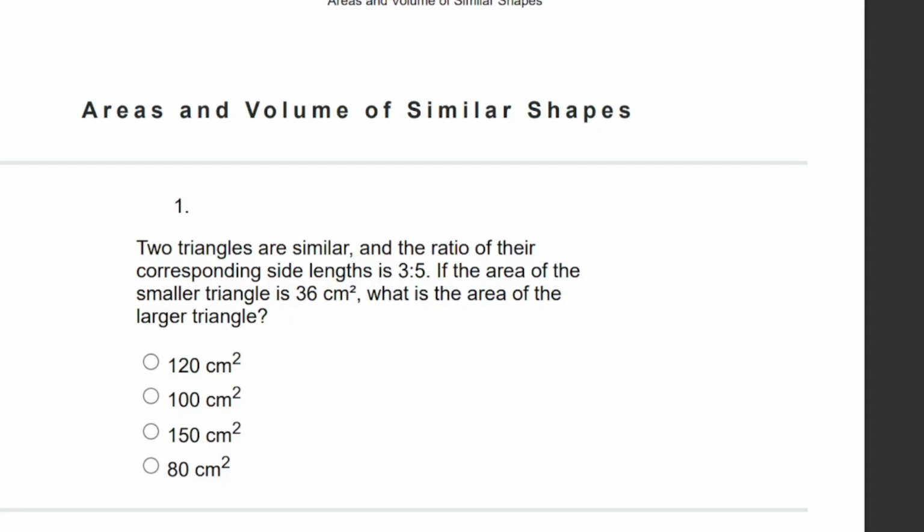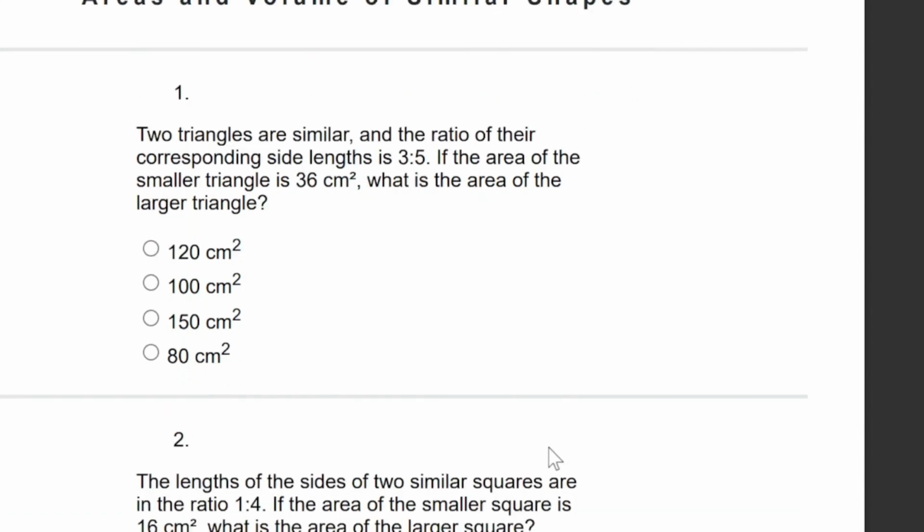So in this class, we want to look at the corrections to areas and volumes of similar shapes. If you look at the first question, the two triangles are similar.